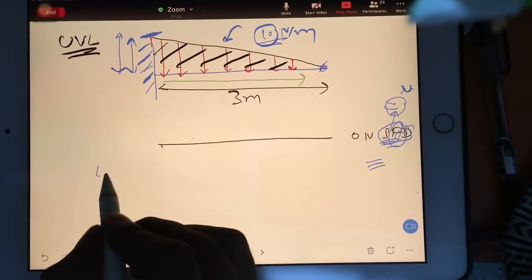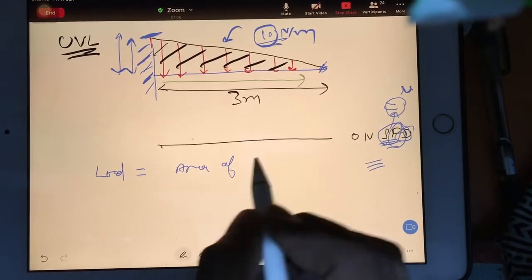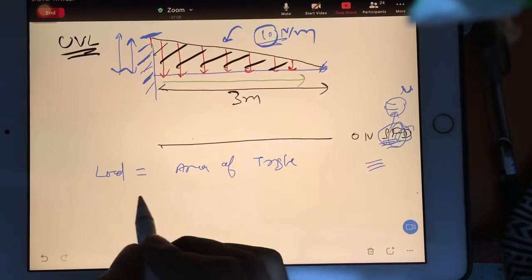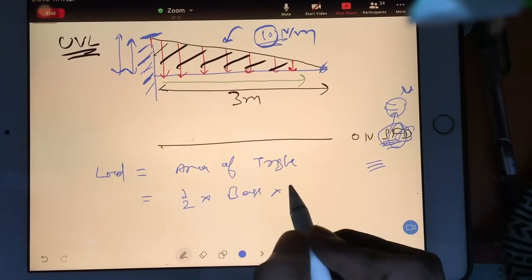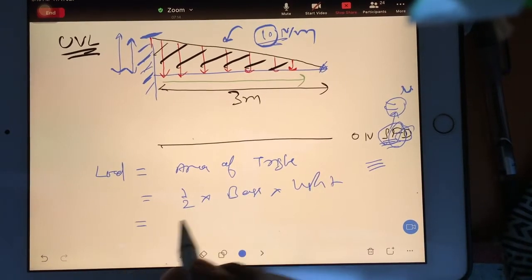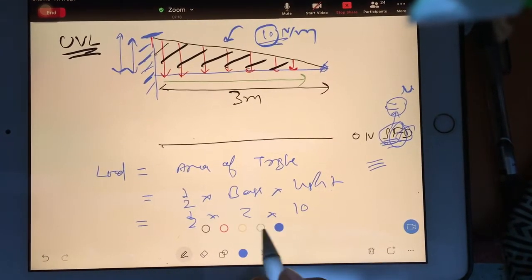Your amount of load is the area of the triangle, that is half into base into height, half into 3 into 10.